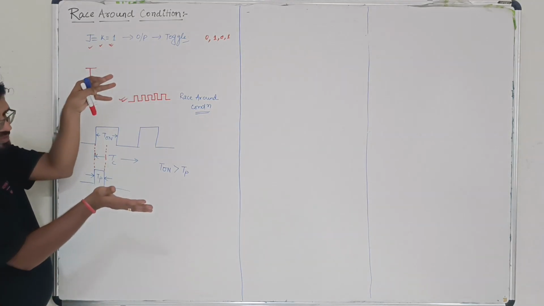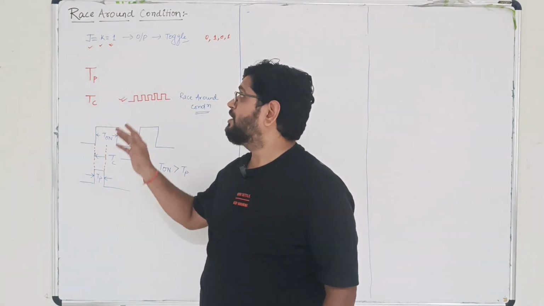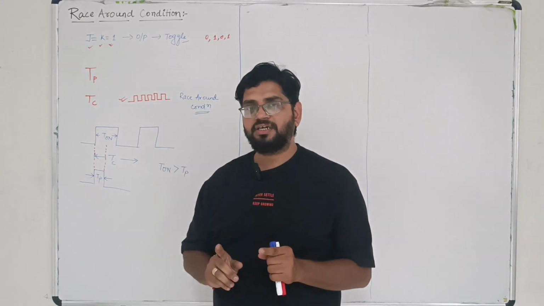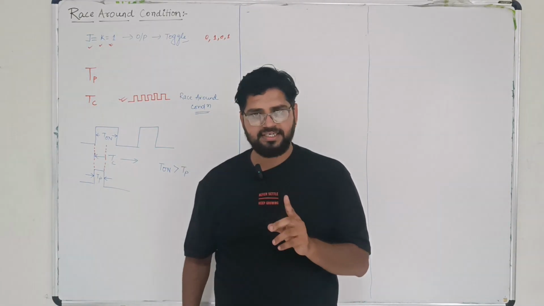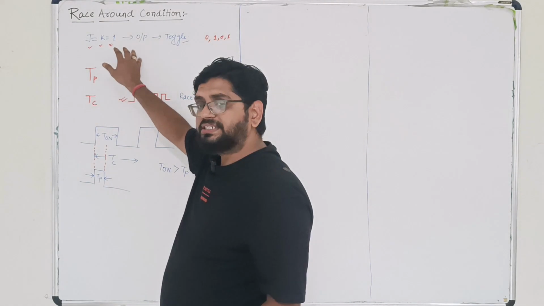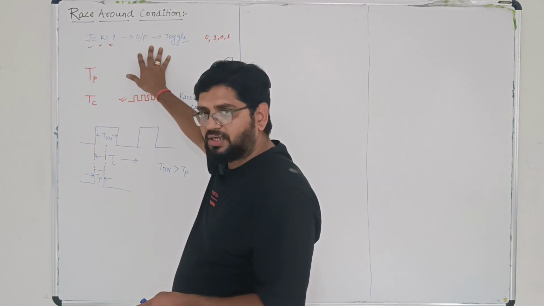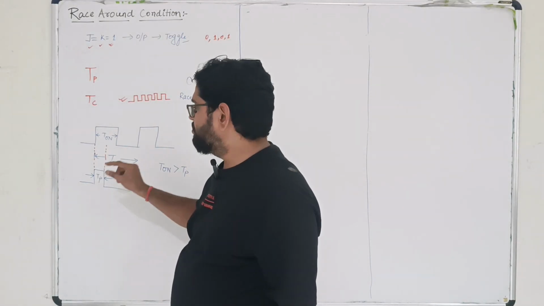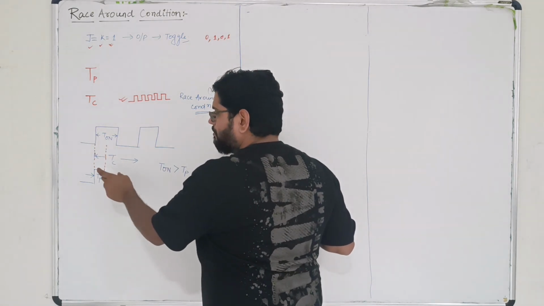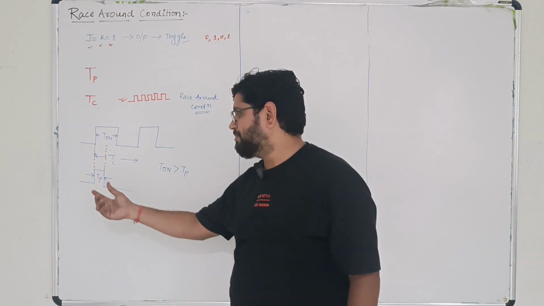Now if you append all these 3 points, you will be able to get the description of race around condition. If you are asked what is race around condition in JK flip flop, you will say that race around condition arises if our JK flip flop is level triggered and the value of J equals K equals 1, and one more condition needs to be satisfied: T on, that is half of the time period of the clock signal, must be much larger than the propagation time period of the signal.